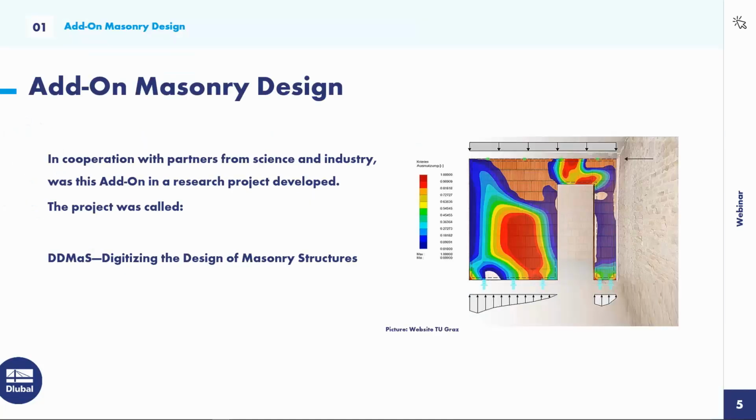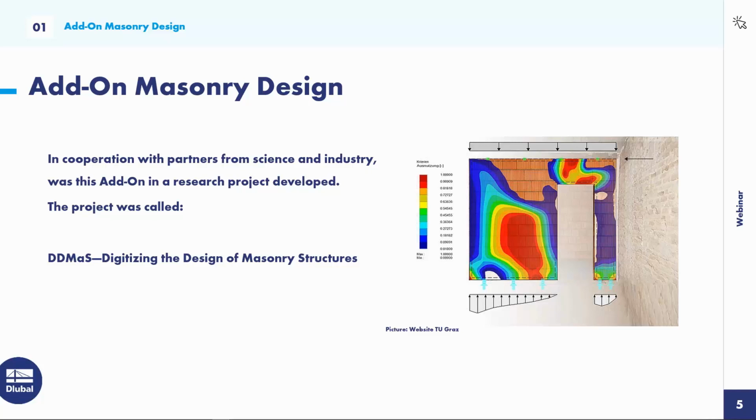Add-on Masonry Design. The add-on Masonry Design was developed completely new in RFEM 6. It was developed in a research project in cooperation with partners from science and business. The research project was called Digitizing the Design of Masonry Structures.